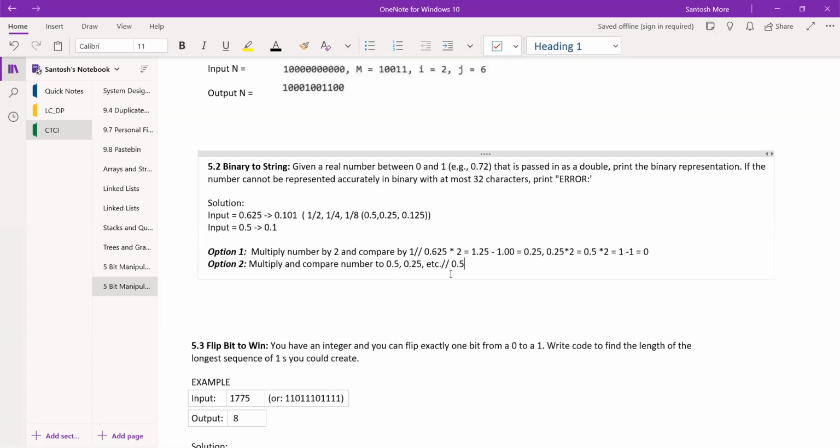We initialize our value with 0.5 and compare it with our value, 0.625. Since 0.625 is greater than 0.5, we set this bit as 1, and then we subtract 0.5 from 0.625, and we get 0.125.